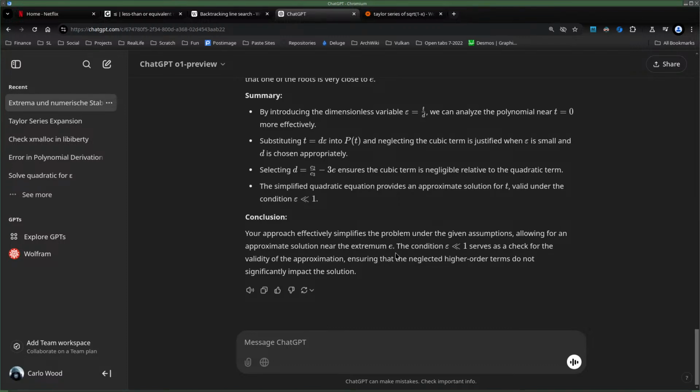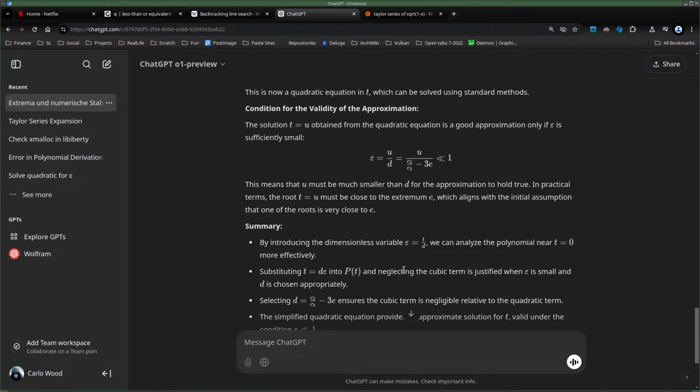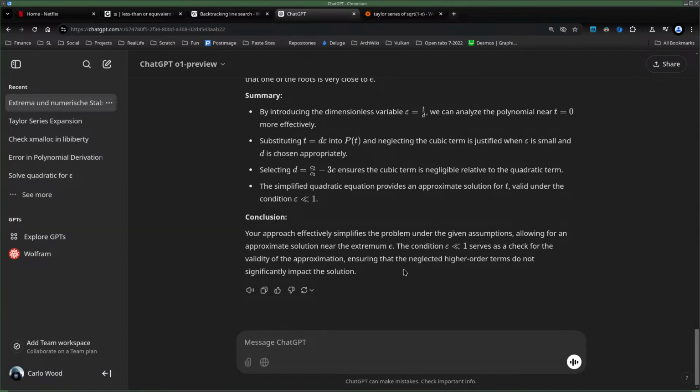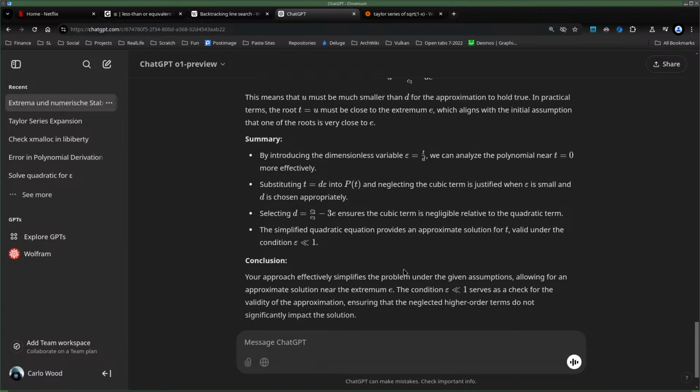Yeah, it's just summarizing what I said. I'm hesitant to give a thumbs up because I think at the very least it should have said here, then this ensures that the term is negligible relative to the quadratic term if epsilon is much less than 1.